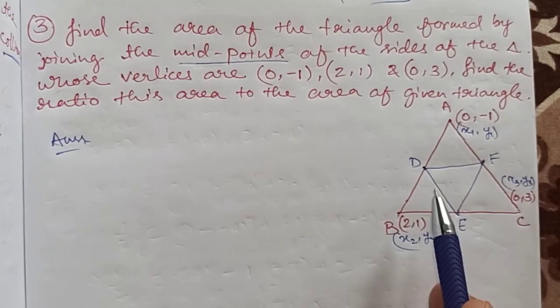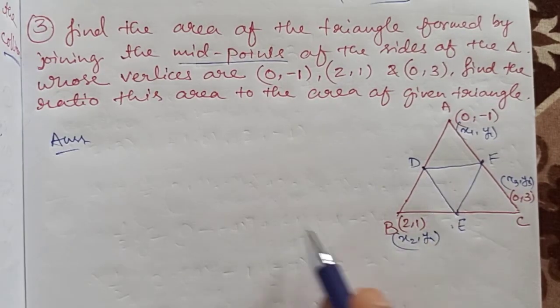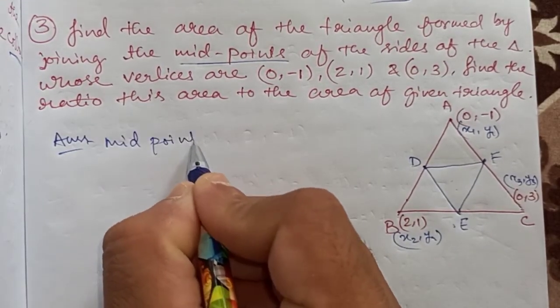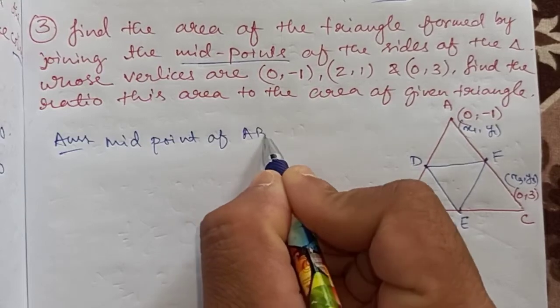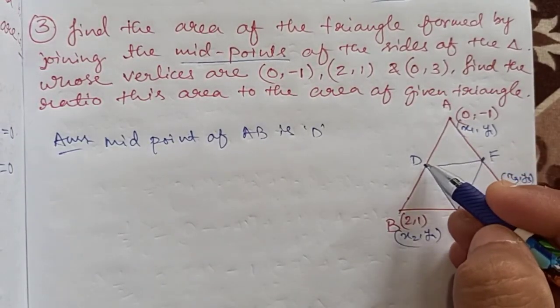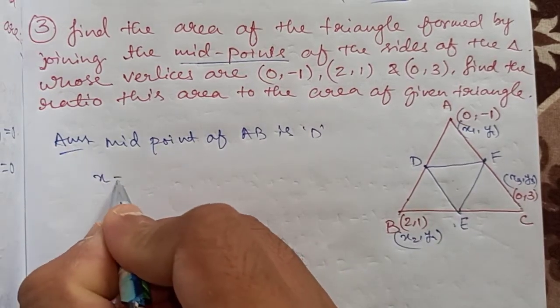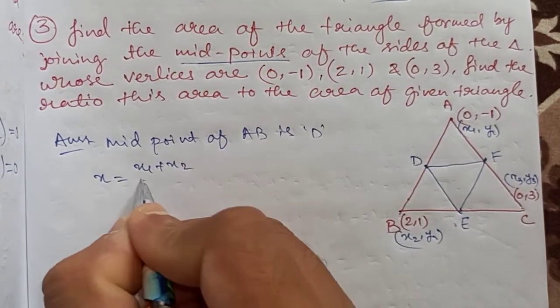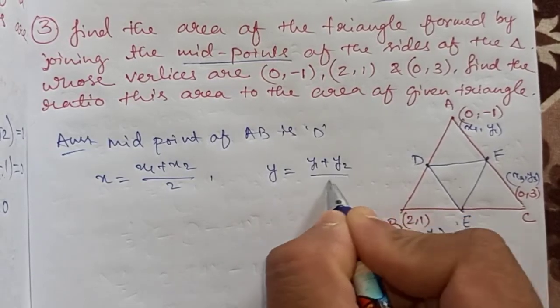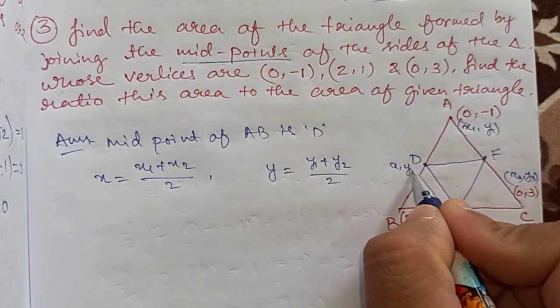Okay. So we have to find the coordinate of D, as D is the midpoint of AB. The formula is x equals x1 plus x2 by 2 and y equals y1 plus y2 by 2. Suppose this is x comma y.